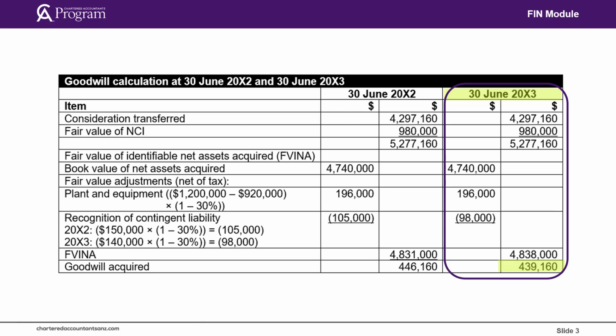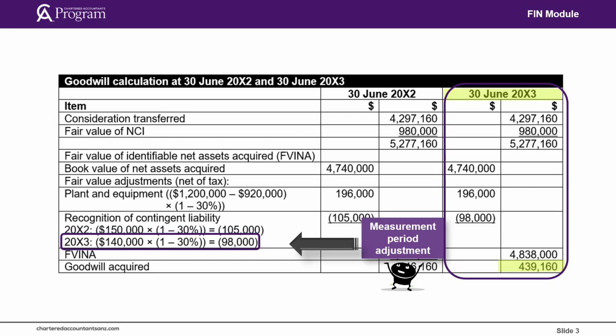IFRS 3, however, requires the fair value of this contingent liability to be included within the goodwill calculation. At the acquisition date, the fair value was measured at $150,000, resulting in a $105,000 after-tax adjustment in the goodwill calculation.